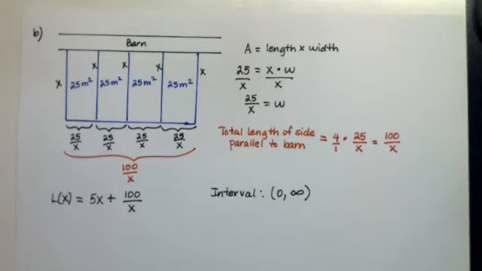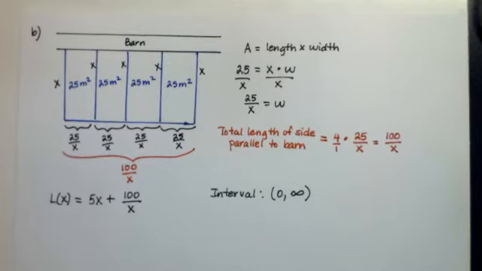So now we're going to answer the question of this. We want to find out what are the dimensions of each pin that minimizes the amount of fence that must be used. So here we're minimizing the amount of fencing that must be used.